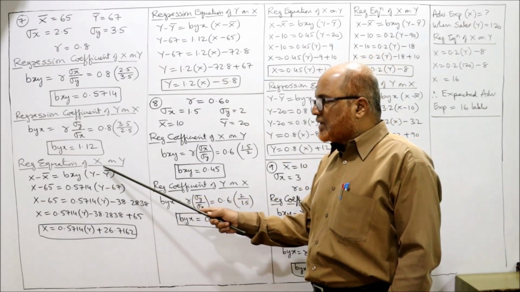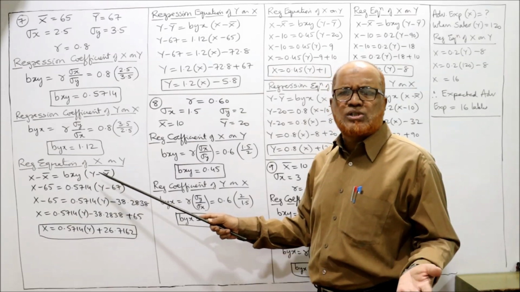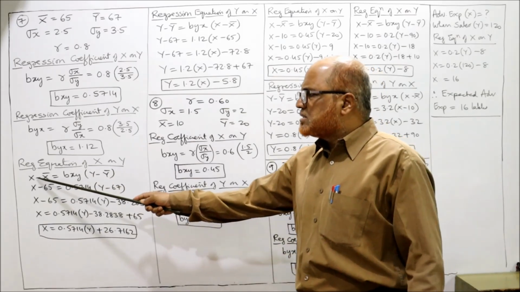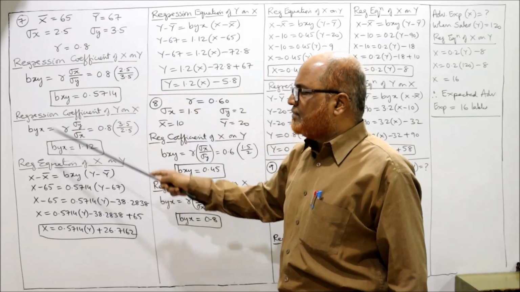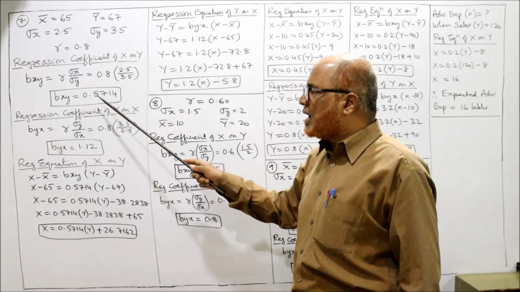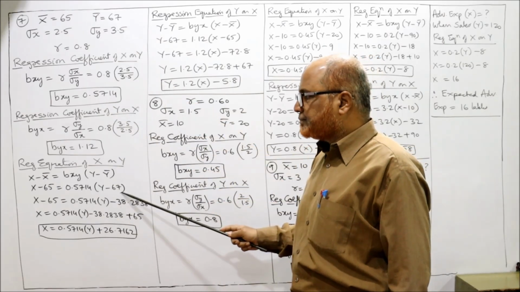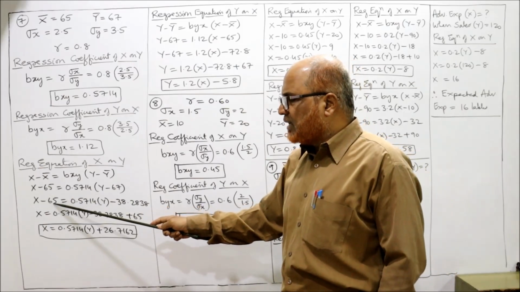So the regression equation of x on y: x minus x bar is equal to bxy into y minus y bar. Same procedure, no change at all. So x minus x bar, which is 65. bxy is 0.5714. Y minus y bar, y bar is 67. Now x minus 65, keep it as it is.